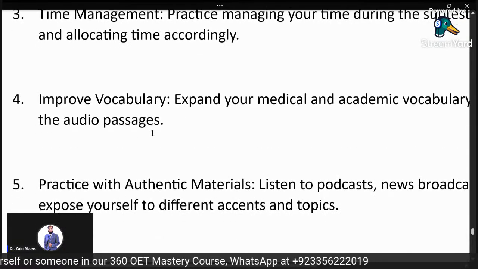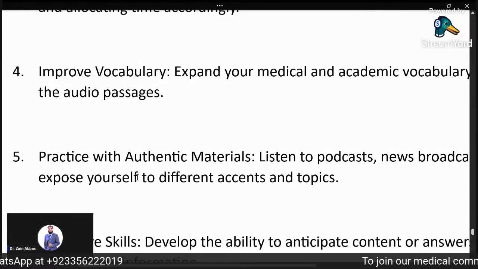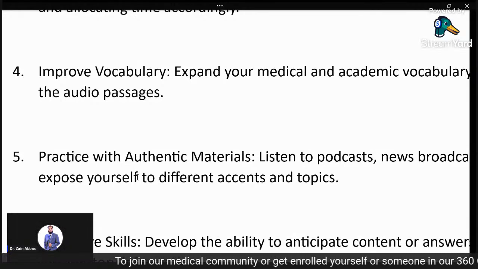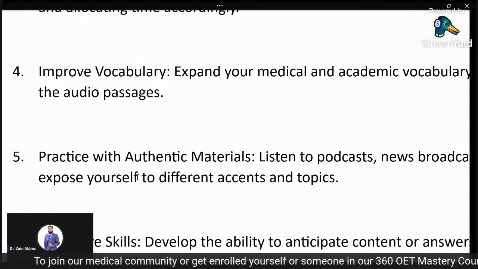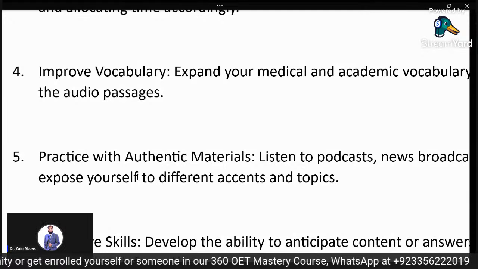The next important point is to practice with authentic materials. Don't waste your time on other stuff. There are many practices that are not useful and are just a wastage of time for this listening subtest.